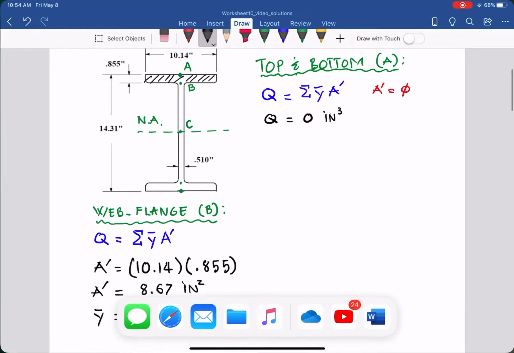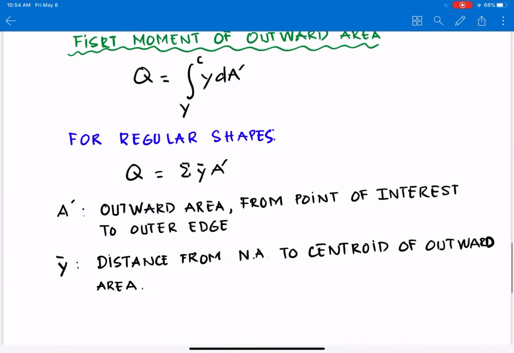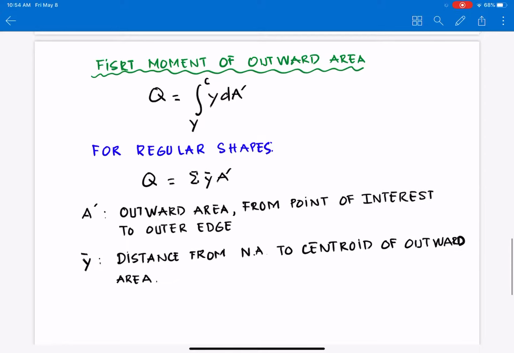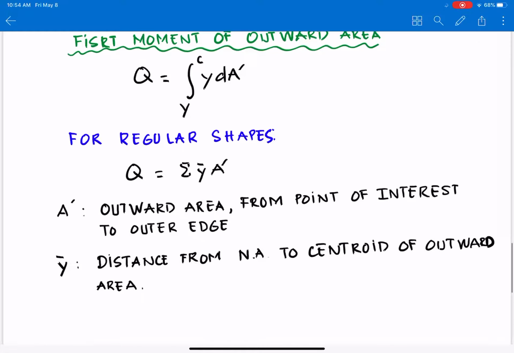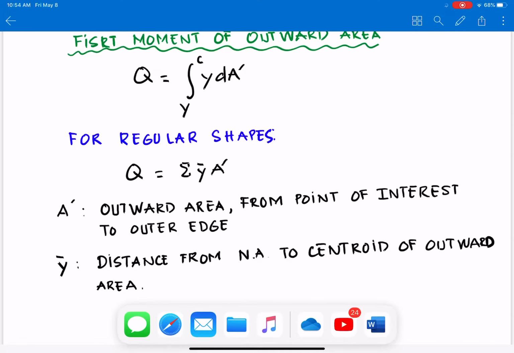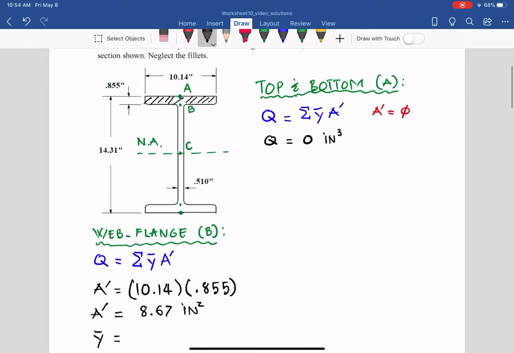Y bar by definition is distance from the neutral axis to the centroid of the outward area. So let me call that neutral axis to the centroid of that outward area.